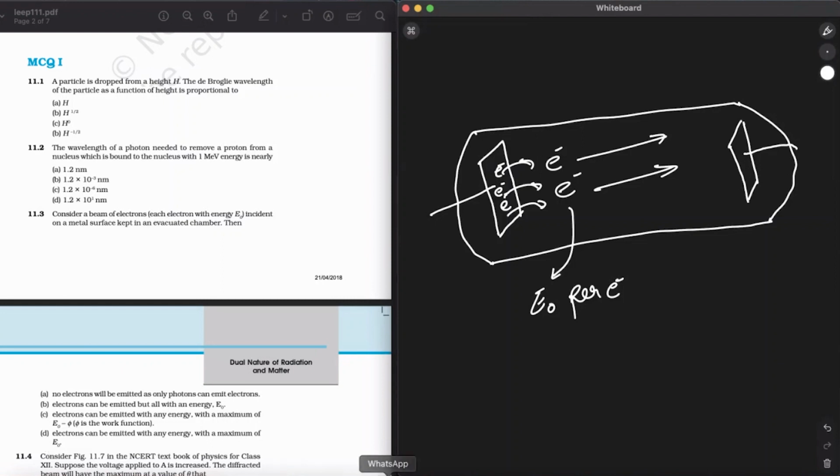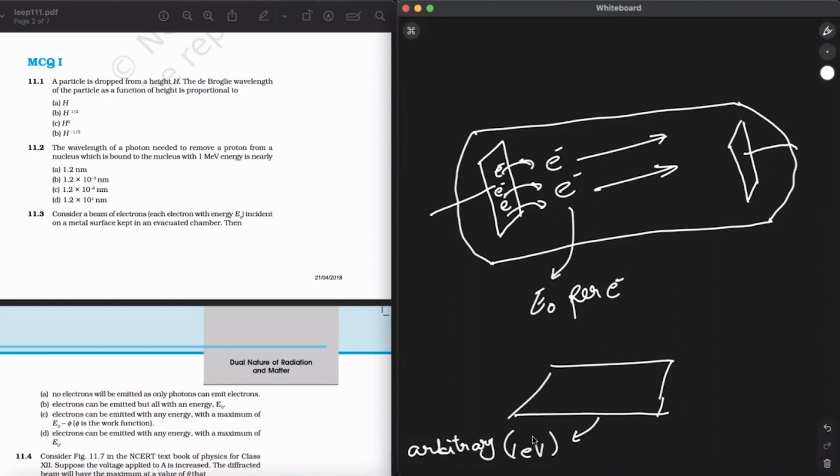Let me show you. Suppose this is a metal surface and it has electrons in it. Say the energy required to take out an electron from here is 1 electron volt. It is an arbitrary number, not an exact value, just think of it like that.